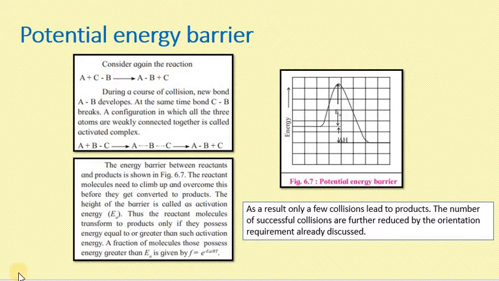And one more thing I wanted to tell you here is that the fraction of molecules that possess energy greater than activation energy is f = e^(-Ea/RT). Ea is activation energy, f is the fraction, R is the gas constant, and T is the temperature.